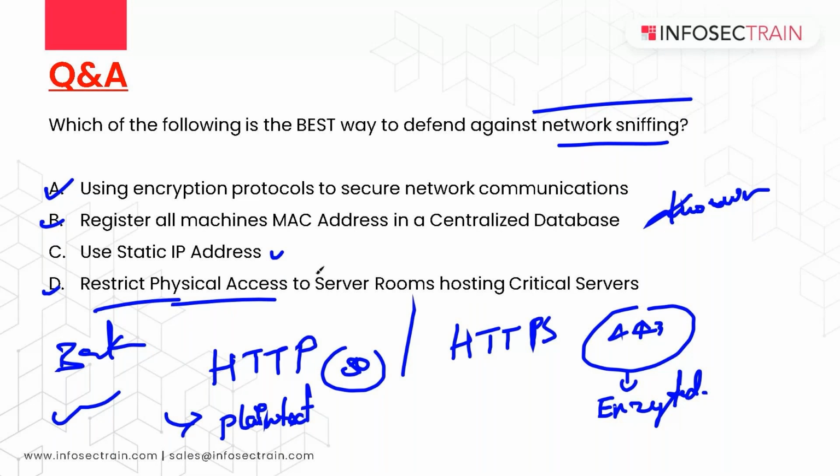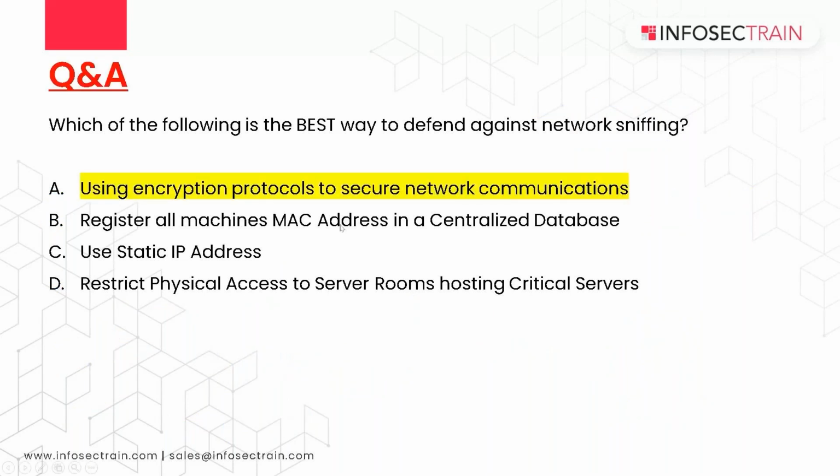Because in sniffing, the attacker will be performing the sniffing on wireless or remote connections, sitting remotely in a place, and then performing the sniffing, right? So from here, option A is the correct one, having the encryption protocol, which makes the data in transit unreadable, right?